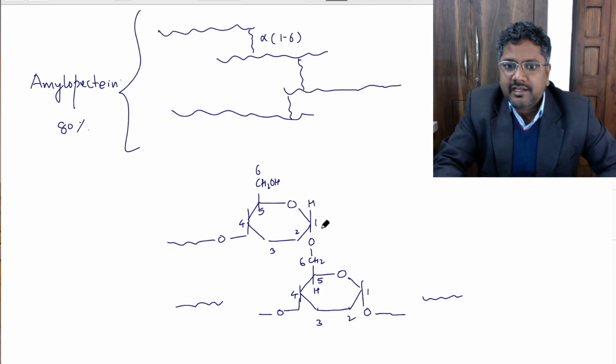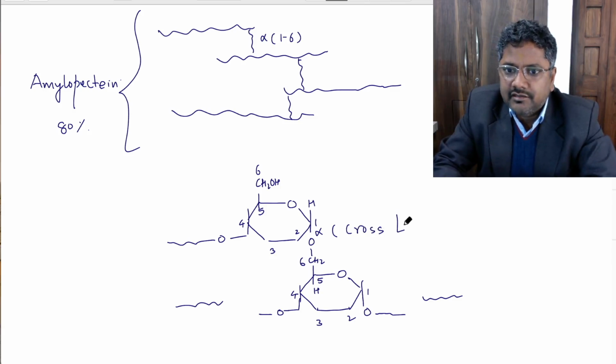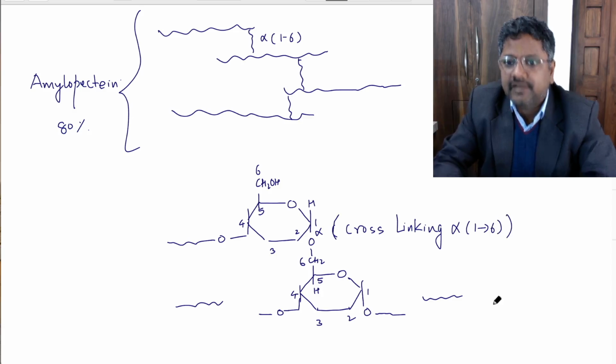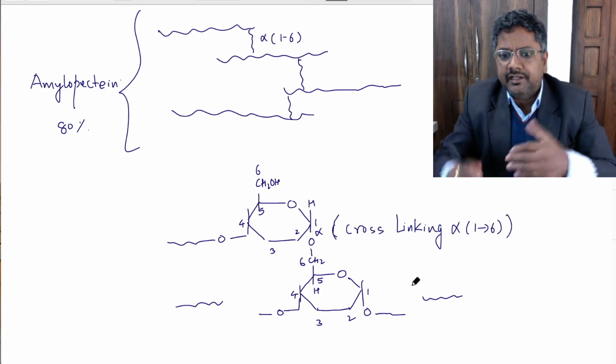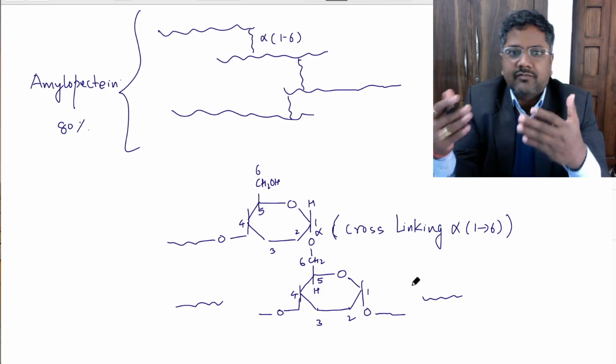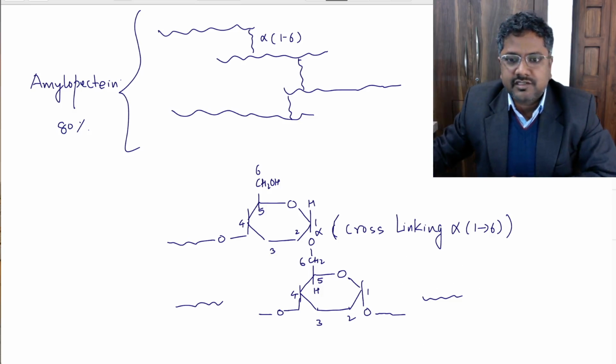So this is alpha 1,6. So cross linking is alpha 1,6, right? So cross linking is through alpha 1,6, and linear combination is alpha 1,4.